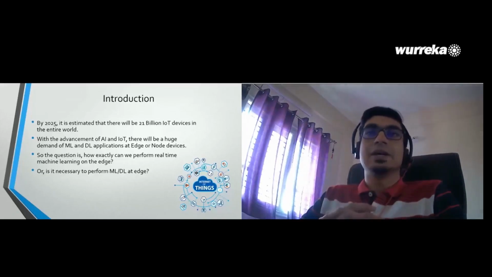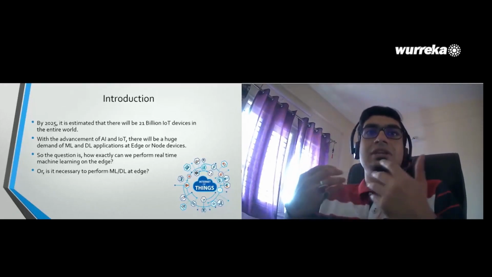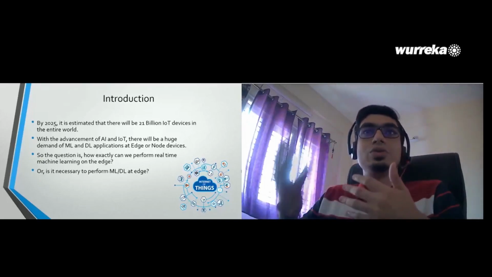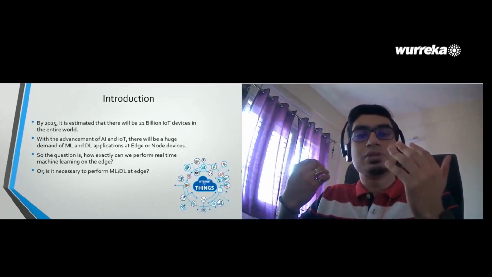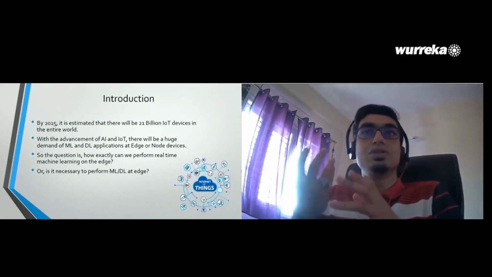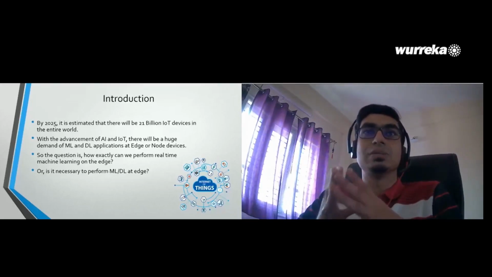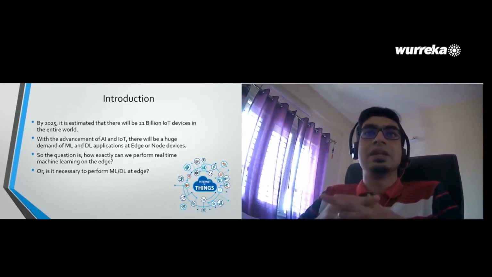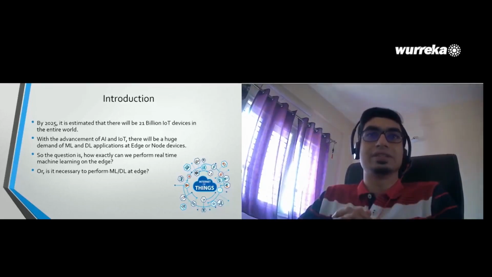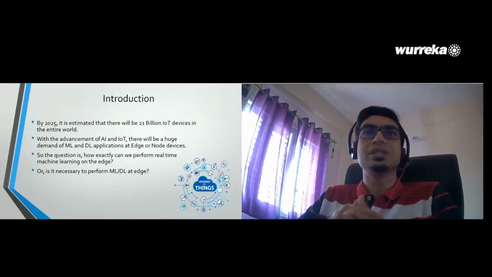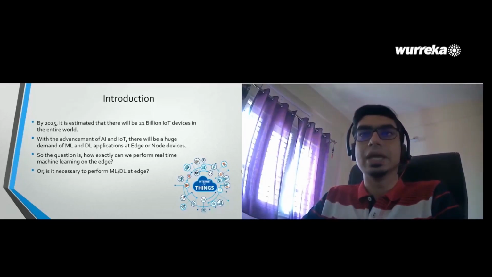Right now, the focus of machine learning and deep learning is slowly going towards edge deployment, where people are trying to use various AI algorithms on those edge IoT devices. And that's why there is a huge demand for such ML and DL applications, which can be deployed at edge or node devices. Now the question is, how do we actually perform real-time machine learning on the edge?